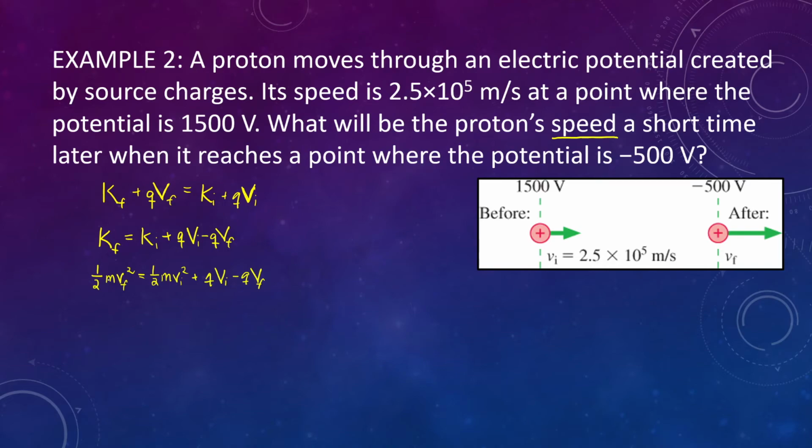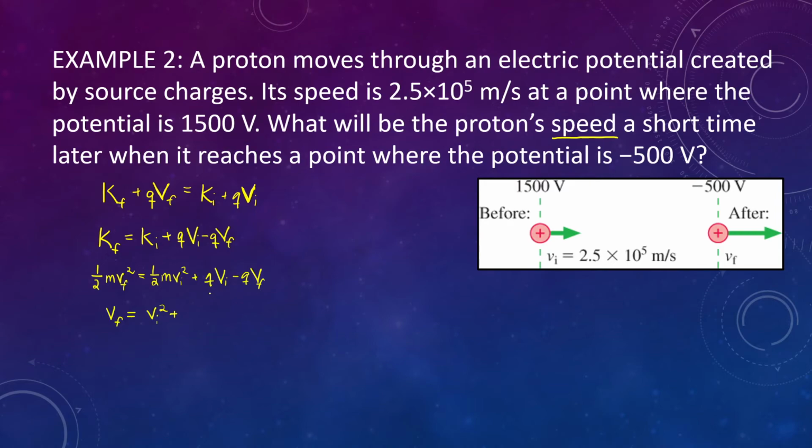So we just need to do a little bit more rearranging to get there. First of all, to get rid of the 1/2 on the left, multiply everything by 2. And then divide by m to get rid of the mass. And then take the square root. So I'm going to start by multiplying everything by 2. That's going to give us m v initial squared, but then I'm dividing by m. So that leaves behind only v initial squared.